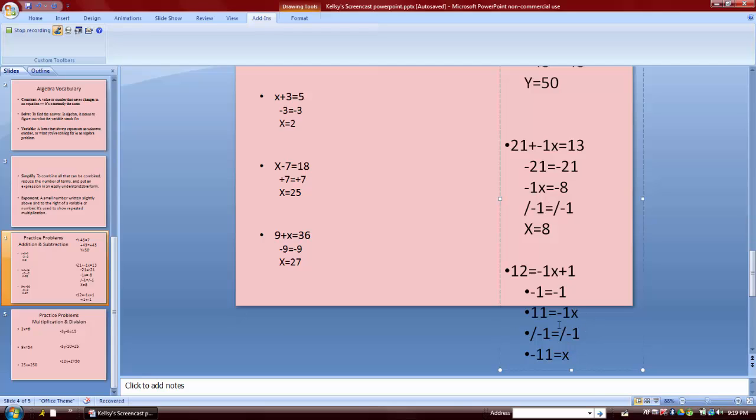That would just, since you come out with a positive 11, but you have to divide it by a negative 1, it would just change your final answer to a negative.